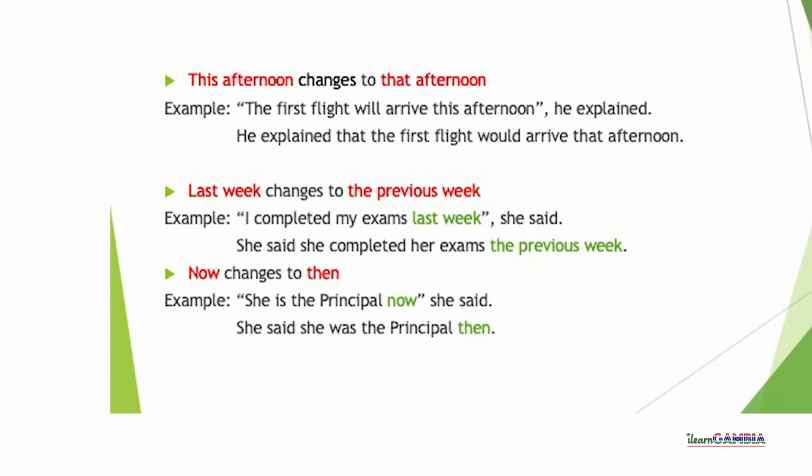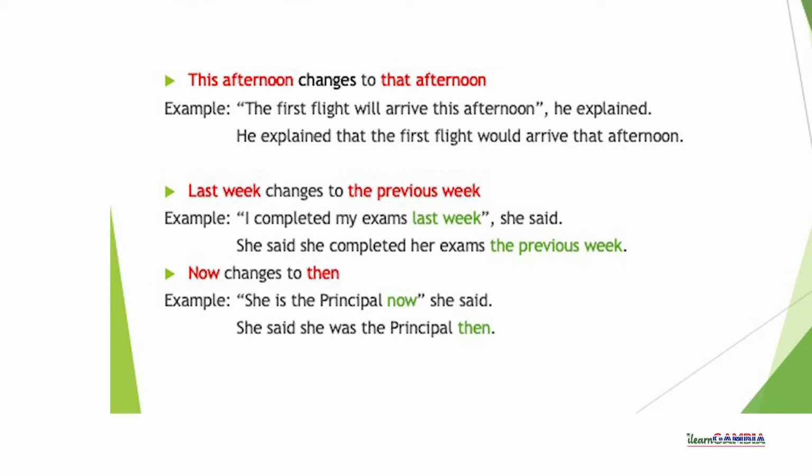For example, the first flight will arrive this afternoon, he explained. Then if you want to report that statement, you would say, he explained that the first flight would arrive that afternoon, okay? Now, another change that happens with regard to time expressions is last week will change to the previous week, okay?